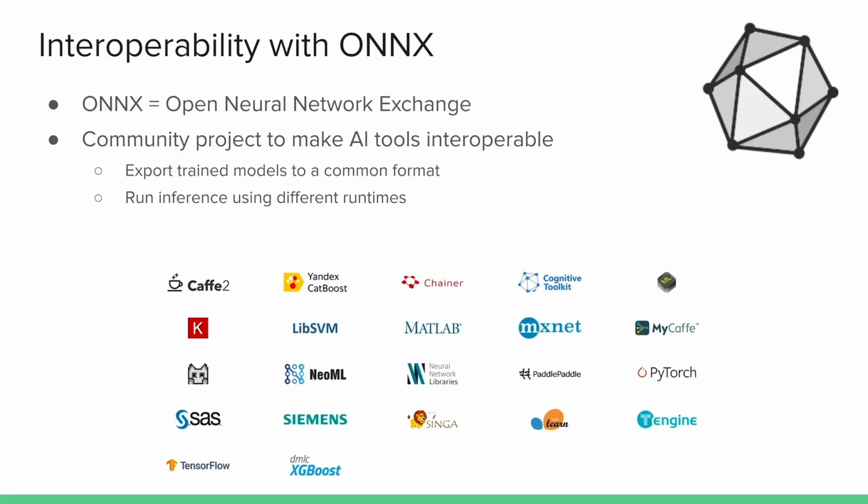Whenever you train a neural network, it can be very helpful for other people to be able to run them if you enable your model to be stored in an exchangeable, interoperable format. One format that is designed to give you exactly that is ONNX, which stands for Open Neural Network Exchange, and it is a community project that tries to make AI tools and frameworks more interoperable with each other.